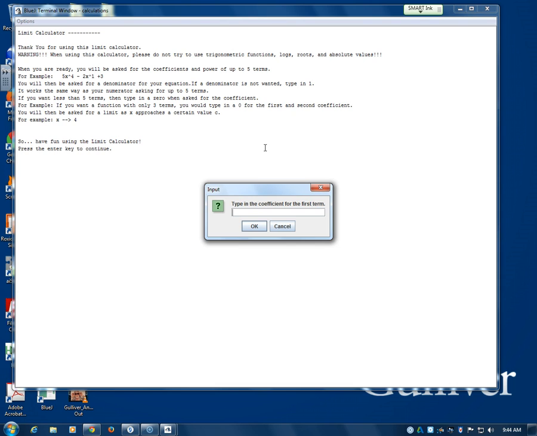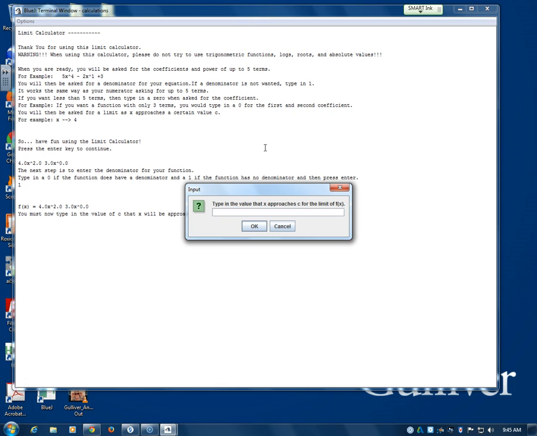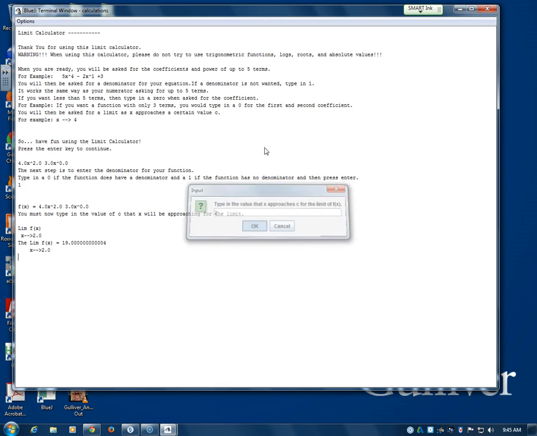The limit of 4x squared plus 3 as x approaches 2. Okay, so 1, as x approaches 2. Yeah. Look at that, 19.